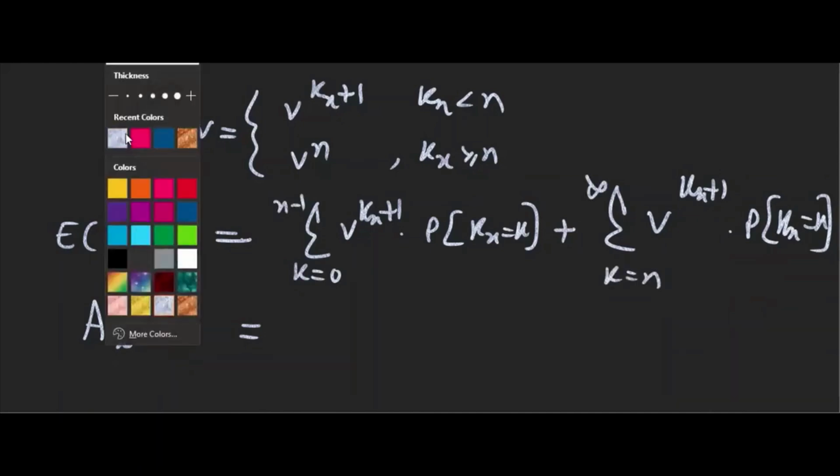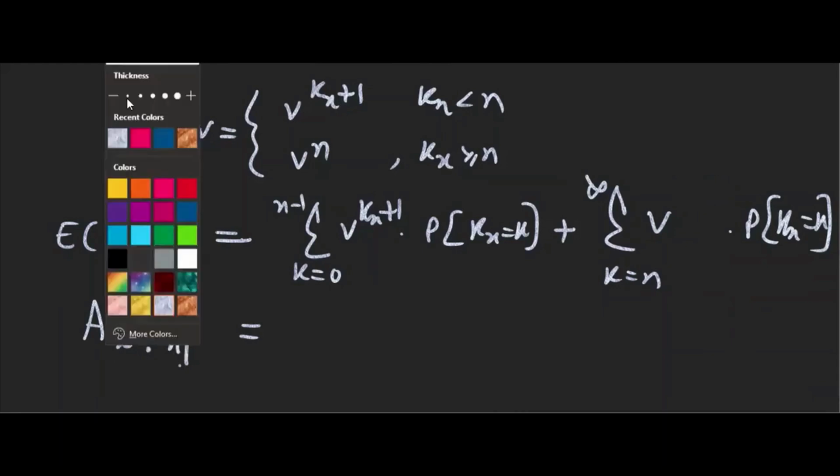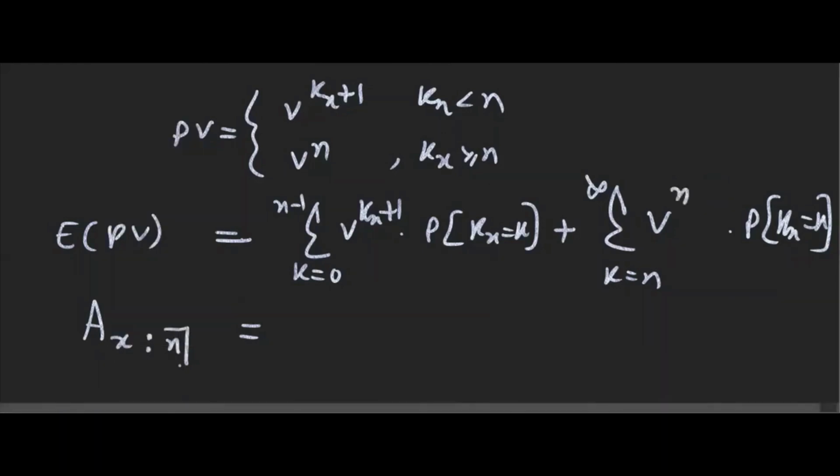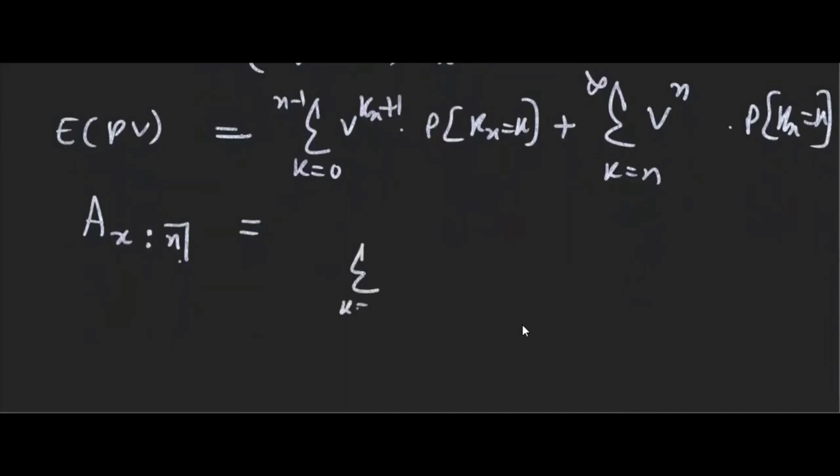But when I say this is endowment, remember there is a difference. Here we don't write V^(Kx plus 1), here V^n comes, so you can't add these two. What I'm saying is, suppose I write the sum of v^k for k from 0 to 2 plus the sum of v^k for k from 3 to 10, you can add these two.